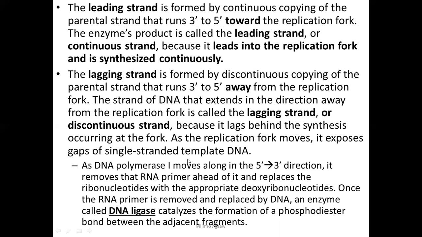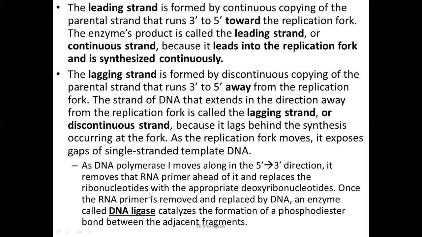So what will happen is that DNA polymerase 1 will move along in the 5' to 3' direction, removing those RNA primers ahead of it. And then it is going to replace these RNA nucleotides or ribonucleotides with appropriate deoxyribonucleotides.